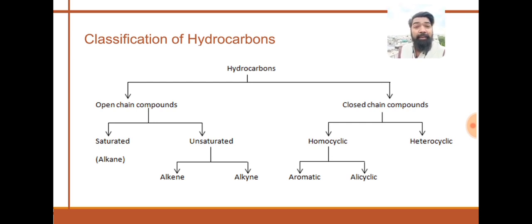Yes, it's very important. What are the open chain compounds? The open chain compounds are the saturated and unsaturated compounds. We also know about the closed chain compounds, which are divided into homocyclic and heterocyclic compounds.